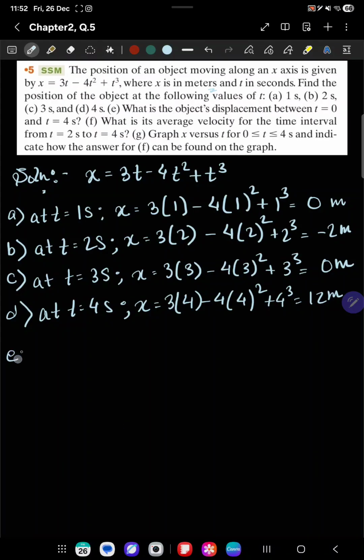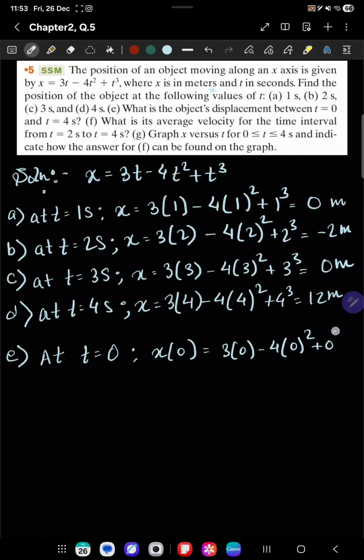Now for the E part, it is saying object displacement between t equal to 0 and t equal to 4 second, right? So at t equal to 0, x0 is 3 minus 4 into 0 square plus 0 cube, which will give us a value of 0, right? And at t equal 4 second, we have already calculated that the displacement is 12 meter.